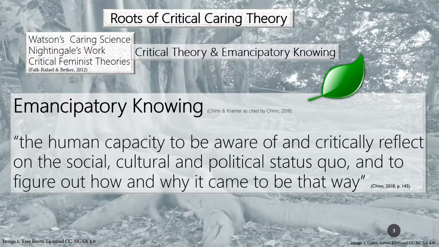As described by Chen, emancipatory knowing involves our capacity of awareness and our ability to critically reflect on issues and problems which influence our environment and that of our patients, and which have become entrenched or the status quo, and why they came to be that way.